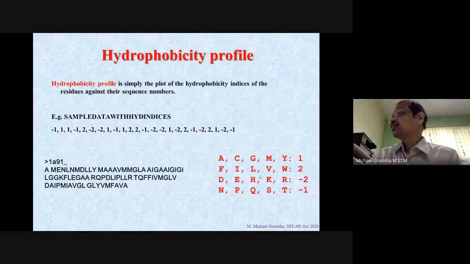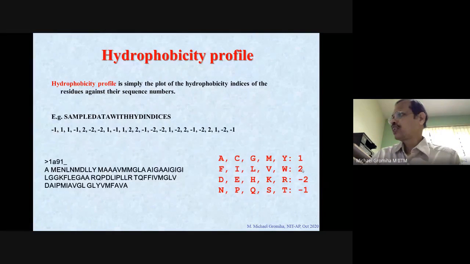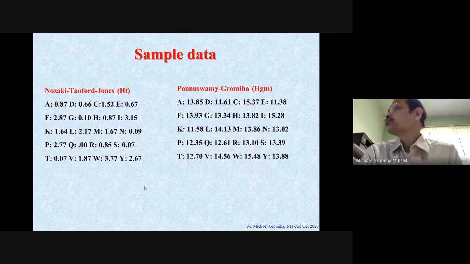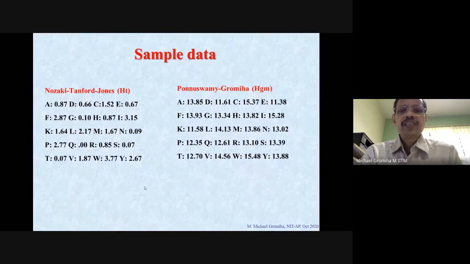You see here, tryptophan and phenylalanine have a very high number, right? And isoleucine. Can you see the numbers here? Tryptophan, phenylalanine, and isoleucine, F, W, and I. The values are very high or very low, comparatively. What is the value for I and what is the value for W?